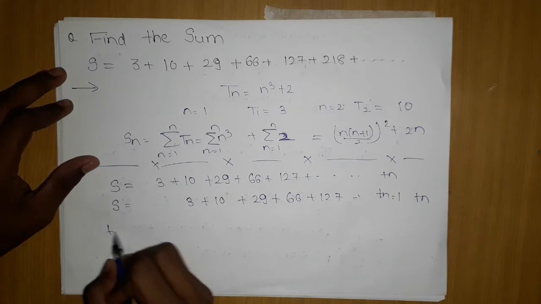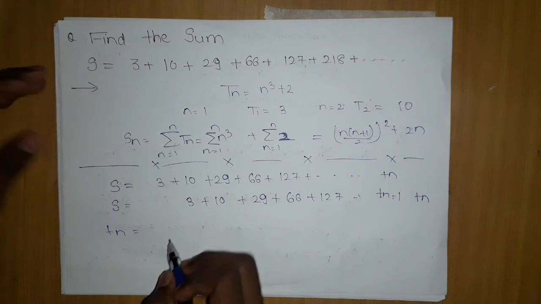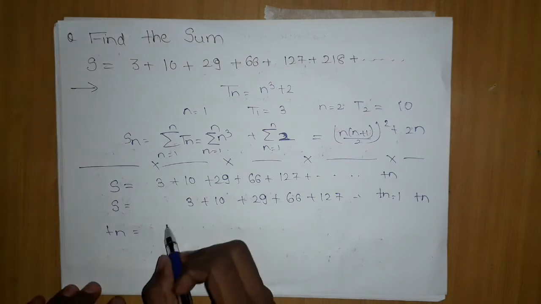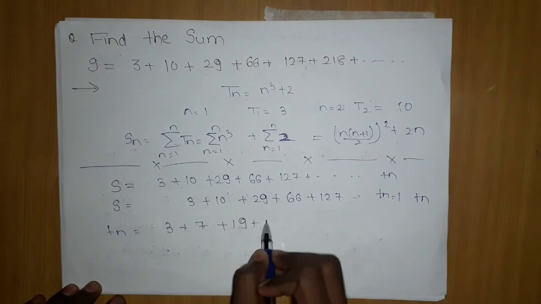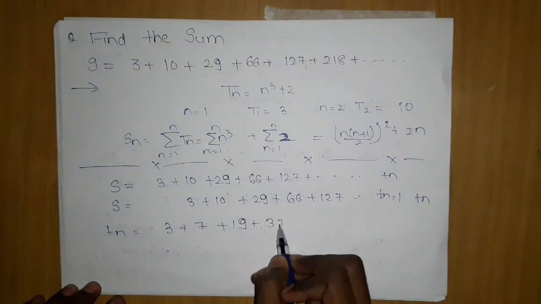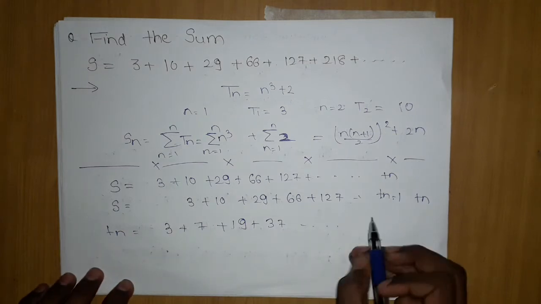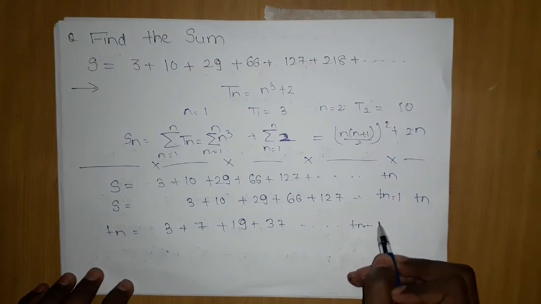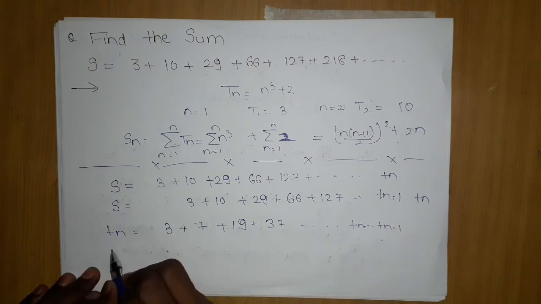After subtracting you will get Tn equals, let me calculate, 3 plus 7 plus 19 plus 37. Is this an AP? No, it is still not an AP.